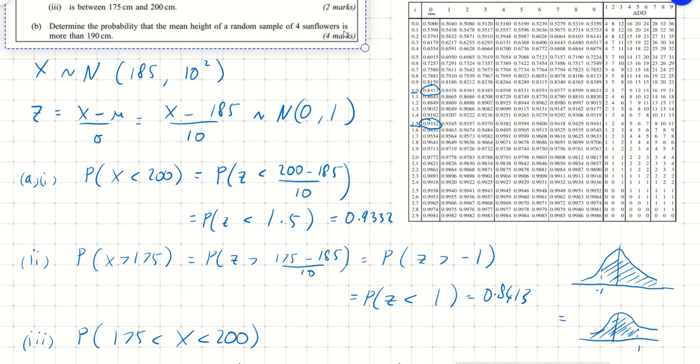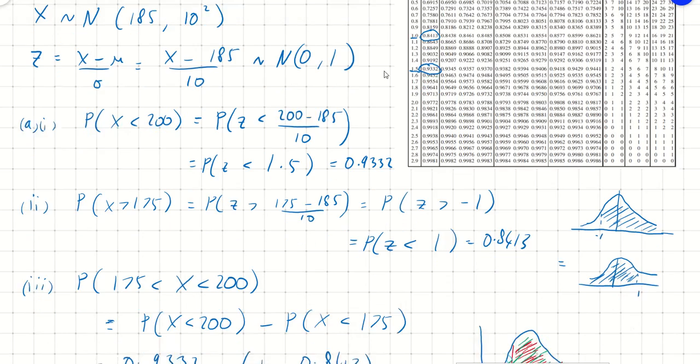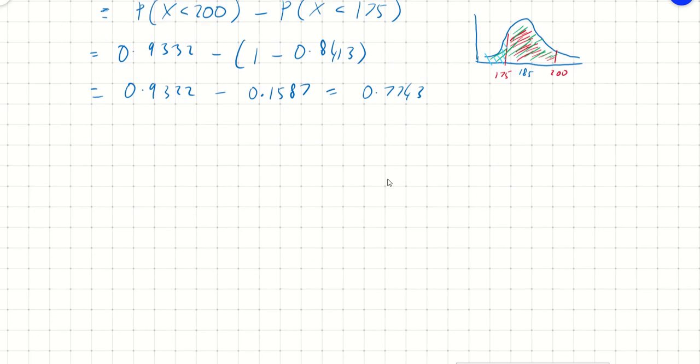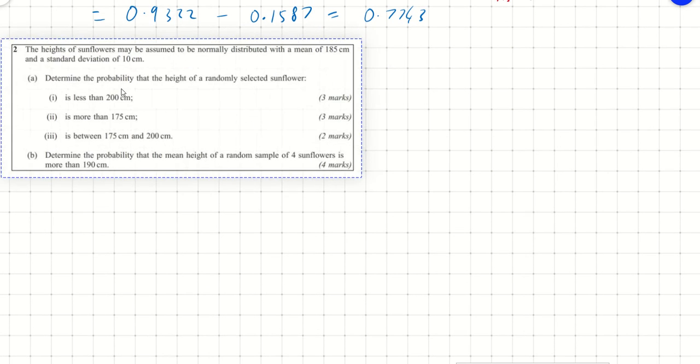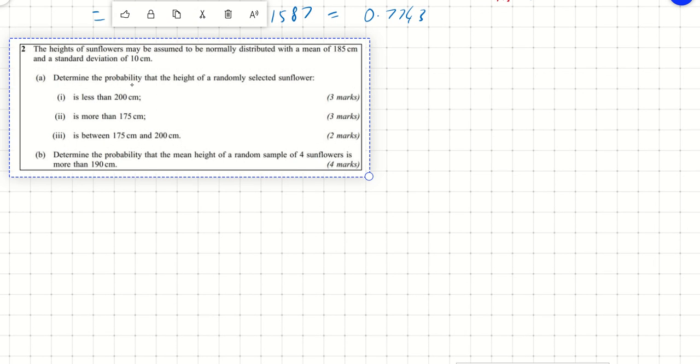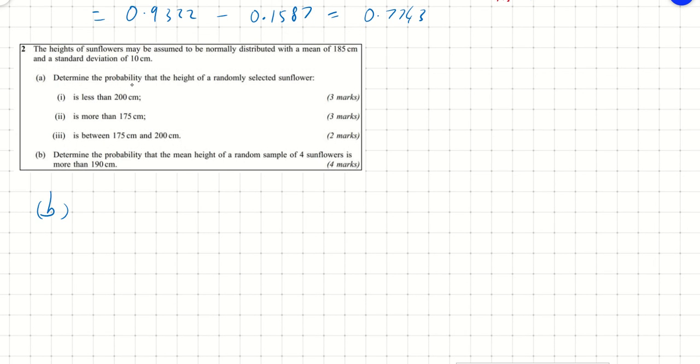So we've got one more question to do. Let's just copy this last bit down. So for part B, we're now looking at the mean height of a random sample of 4 sunflowers. Because the height of sunflowers was normally distributed, the mean x bar is also normally distributed, with mean mu and variance sigma squared over n.